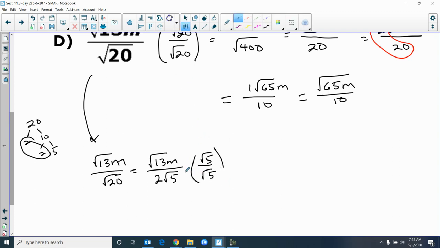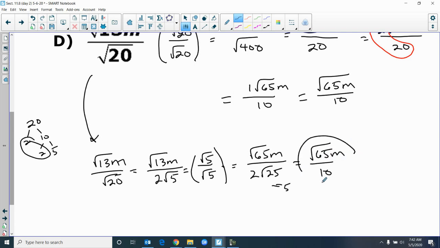So this becomes 2 square root of 5 times 5. Well, that's 2 square root of 25. This becomes square root of 65. And now square root of 25 is 5. So that becomes 2 times 5, which is 10, square root of 65. So we get the same answer we did here.